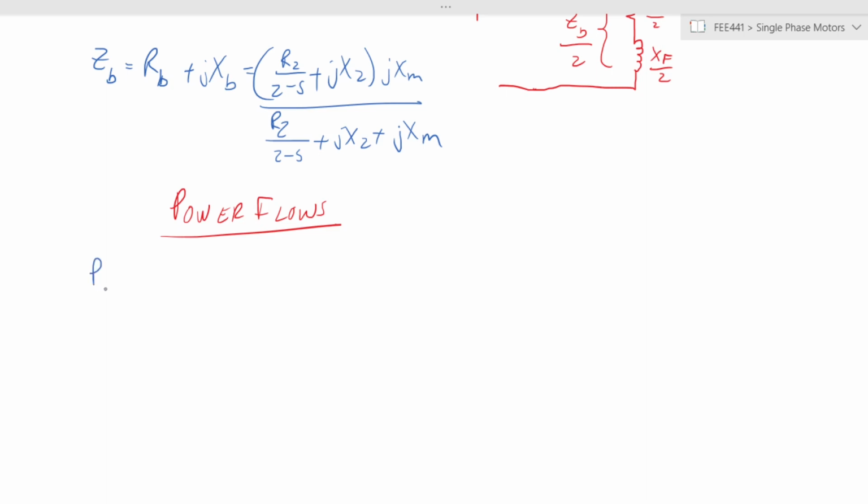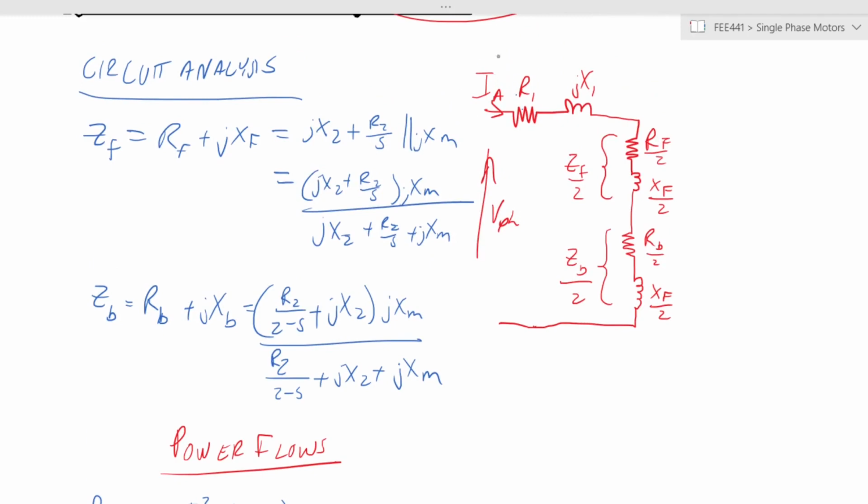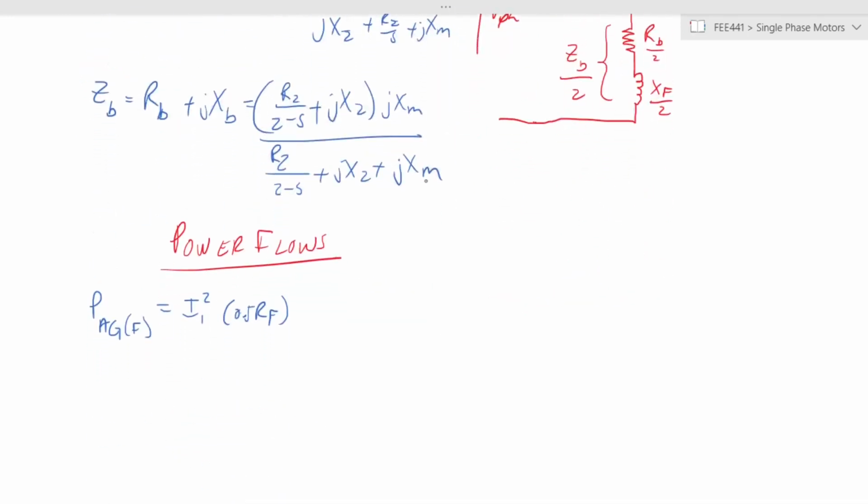For example, air gap power in the forward direction will be given by I1 squared times 0.5 RF, which we have just looked at. If you know this incoming current, you can make use of it for various other calculations. So we make use of RF, which we already know. Likewise, the air gap power attributed to the backward field is given by I1 squared times 0.5 RB.